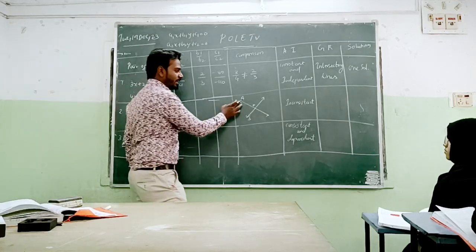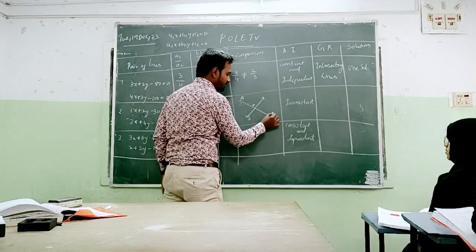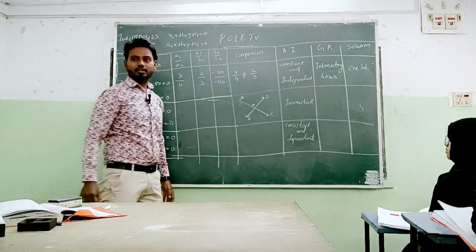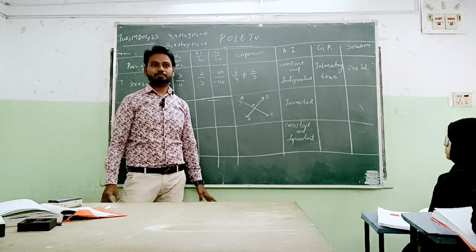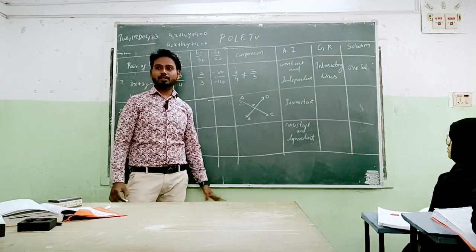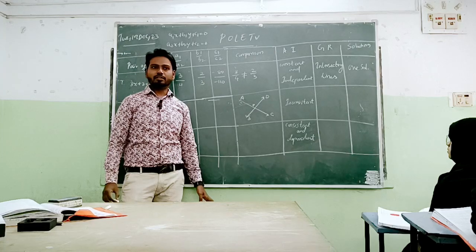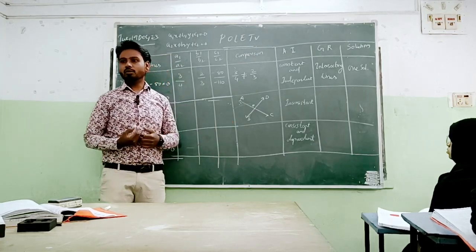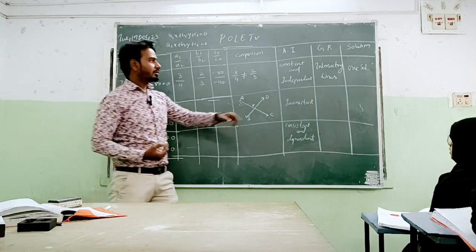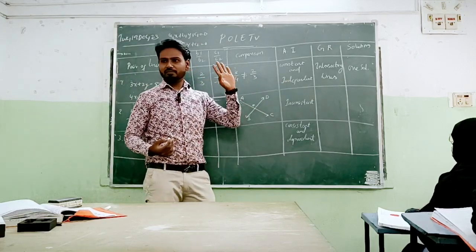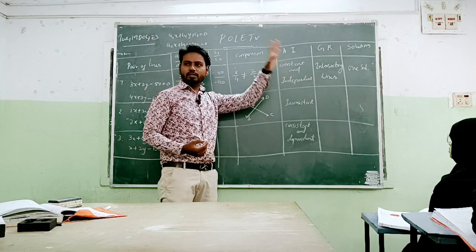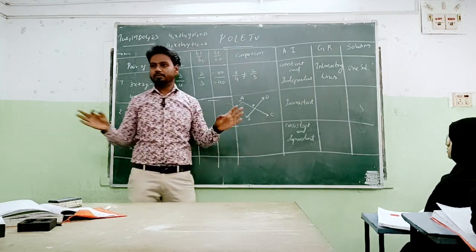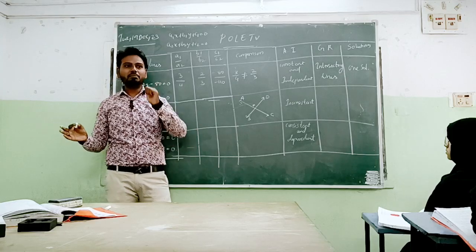A goes their own way, B goes their own way. But they will meet at one point, that is at P. After that, you go on your way, I go on my way. That is independent. A going to C, B going to D, independent. But one time they will meet.